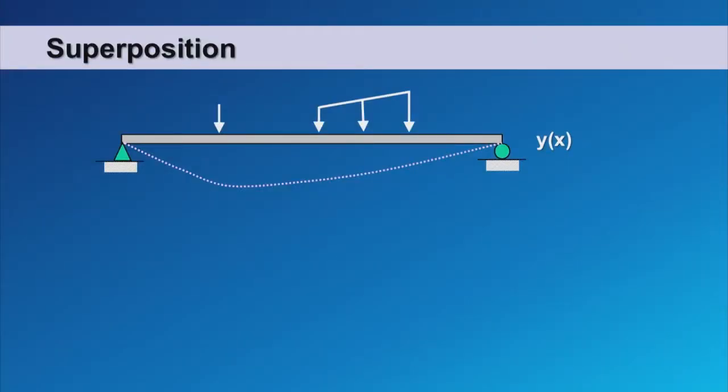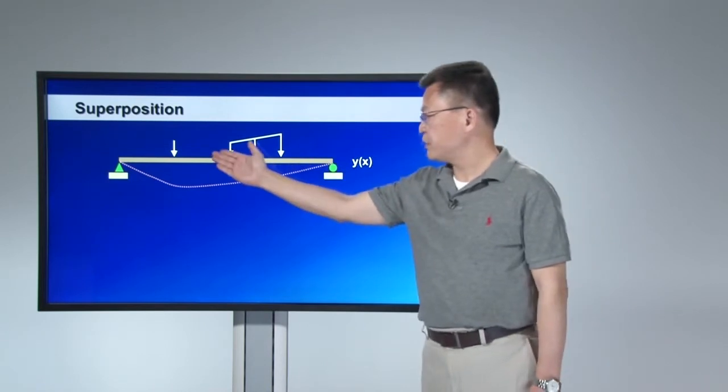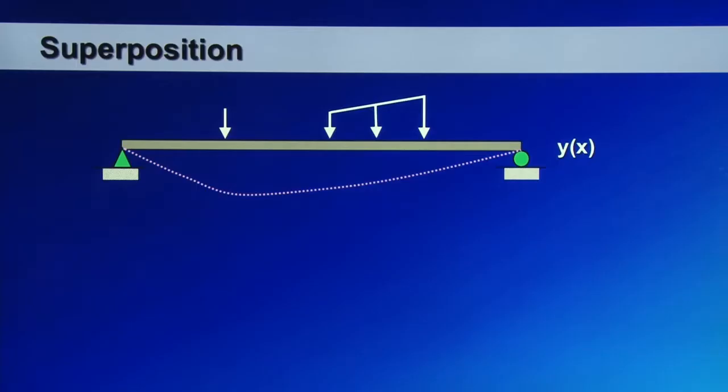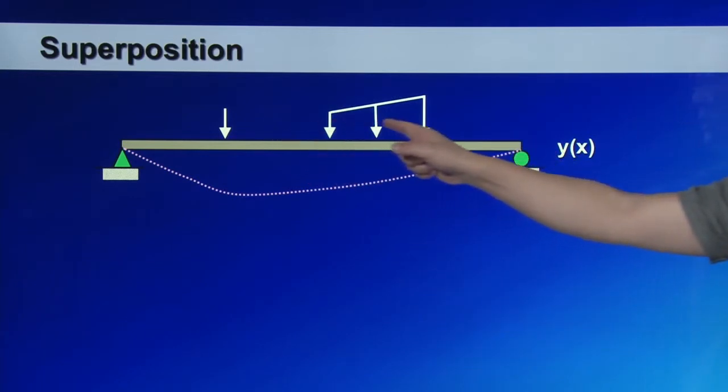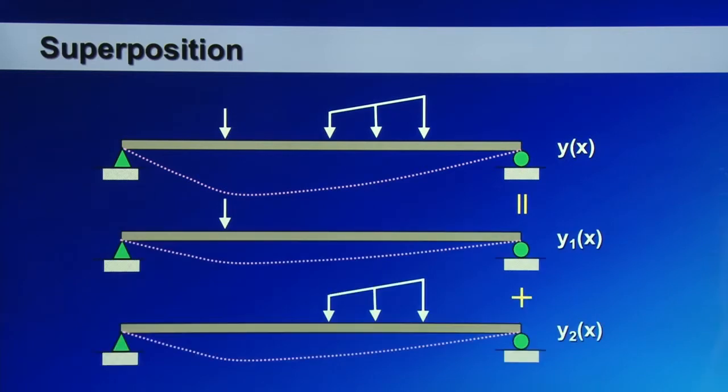Now, there's another concept that we can use to simplify your calculations. It's called superposition. Assume that I have a structure loaded by two different loadings: one is a concentrated load, the other is a distributed load. So instead of doing the analysis using these two loadings together, I can split the analysis into two cases.